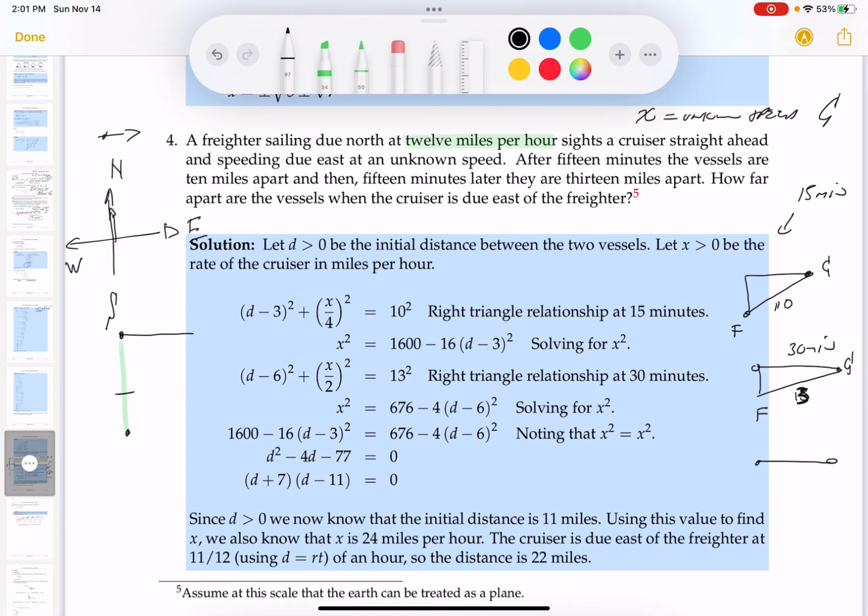And the distance here is 10. And what's this guy's distance? Well, it's at 15 minutes, right? So that's a quarter of an hour, isn't it? So I'm going to say 1/4 x.